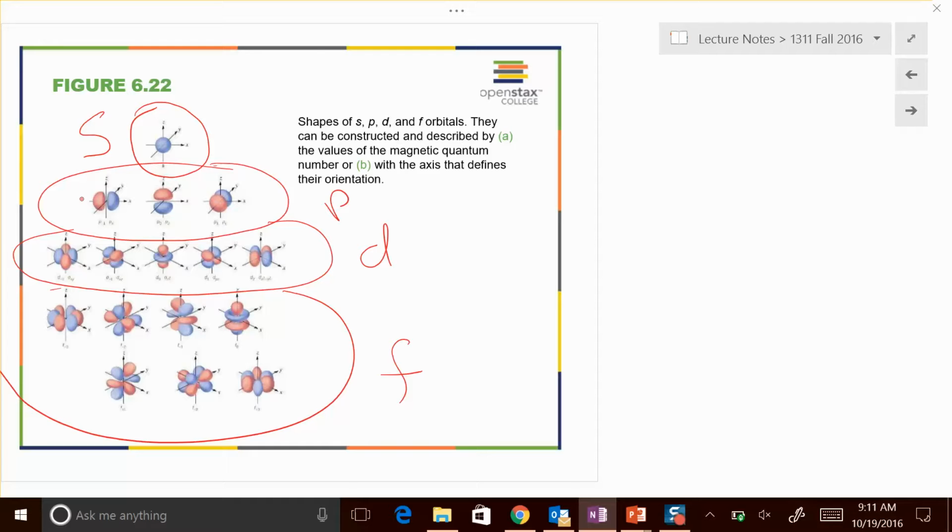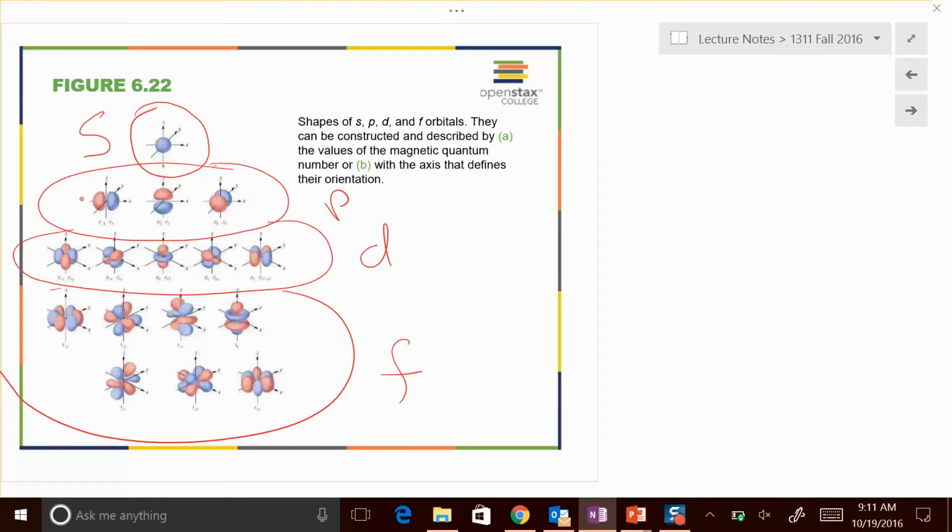Now, look at how many orbitals you have in D. How many are there? 1, 2, 3, 4, 5 orbitals. How many electrons are in a D? 10. How many electrons go into a single orbital? 2.